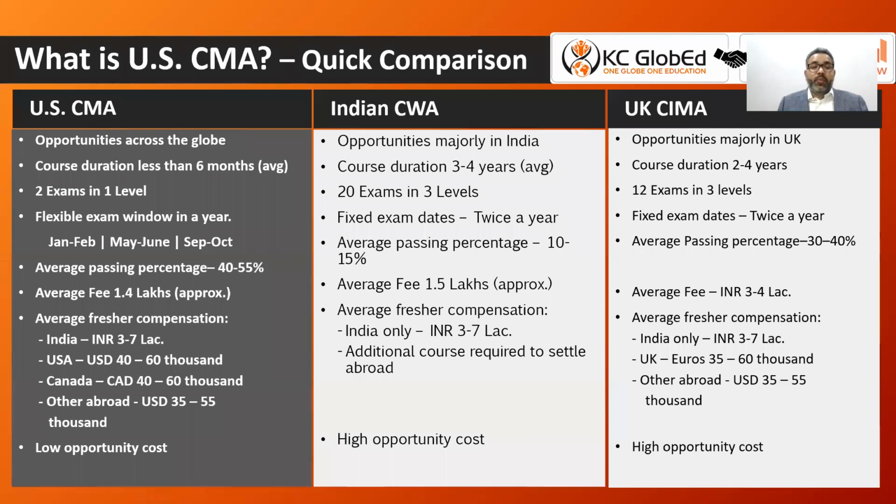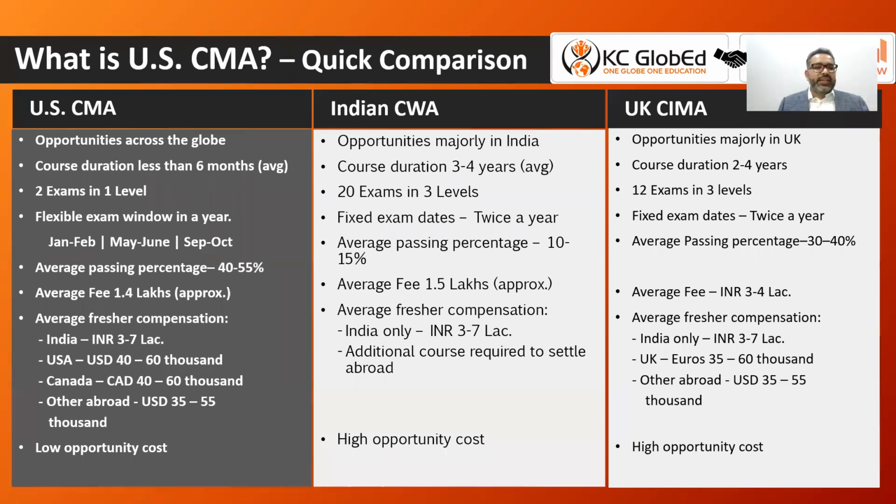And then you need to sit for more than 20 exams. Whereas UK CIMA also has 3 levels of testing and it takes like 12 exams. So this is, you can say, the easiest path to get there without much hassle and without going through all the rigorous internship or half paid or unpaid job kind of thing, right?